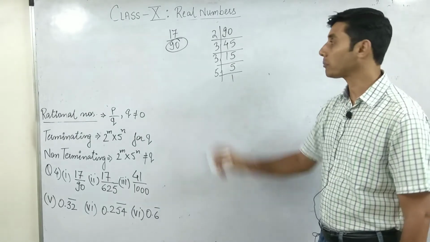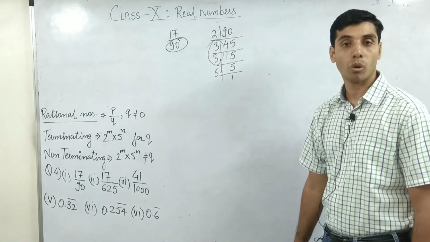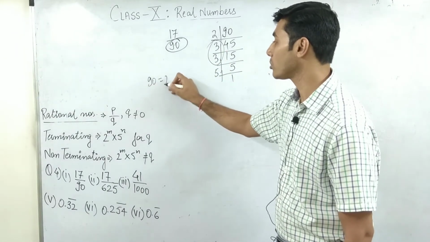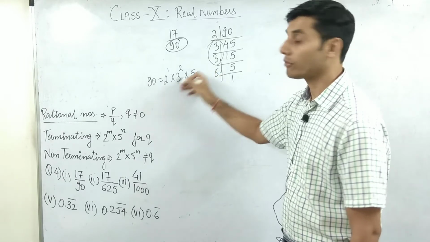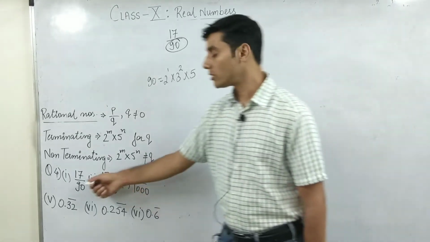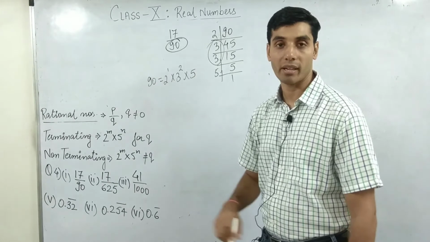Whatever the answer is, you can see it from here. Is this a terminating one? No, this is non-terminating. Why? Because 90 can be written as 2 to the power 1 into 3 square into 5. So of course this is a non-terminating answer. Why? Because this 3 should not come. Only 2 and 5 will work.